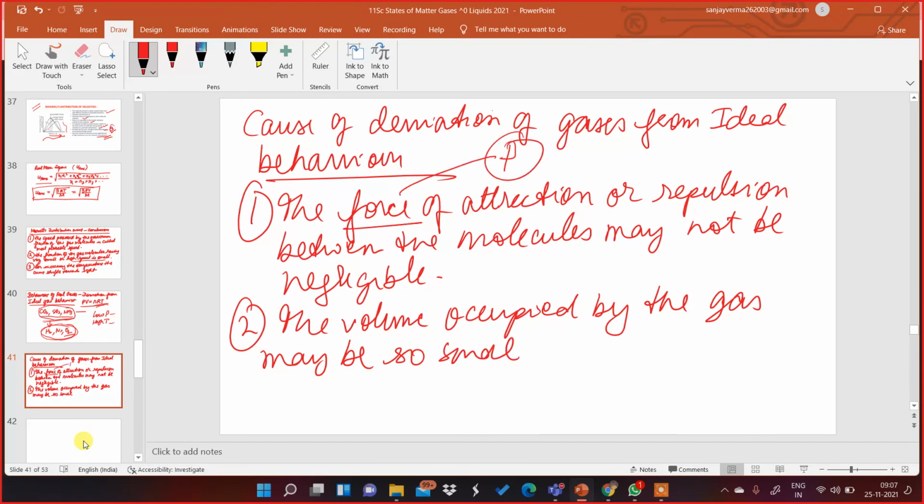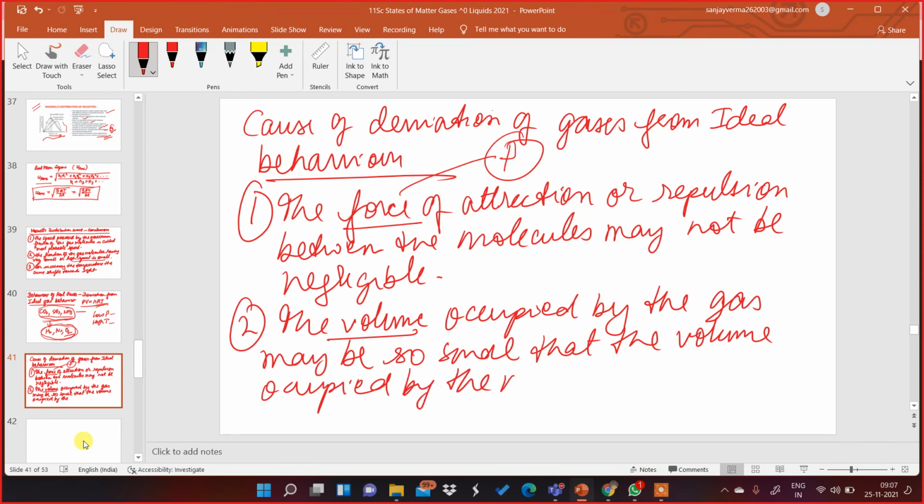And here I am talking about volume. The volume occupied by the gas may be so small that the volume occupied by the molecules may not be negligible.